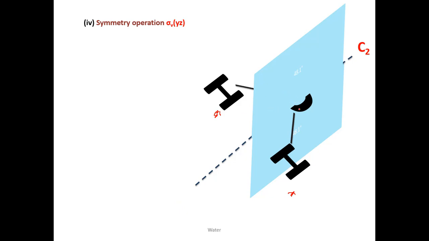During reflection, whatever atoms are present in the plane will not get shifted, so the oxygen atom will not get shifted, whereas this hydrogen atom will go from left to right, and this hydrogen atom will go from right to left, but the oxygen atom will not get shifted, and so the number of atoms unshifted is 1.